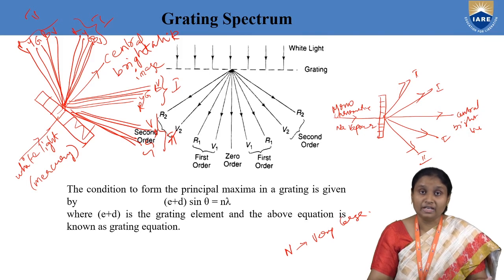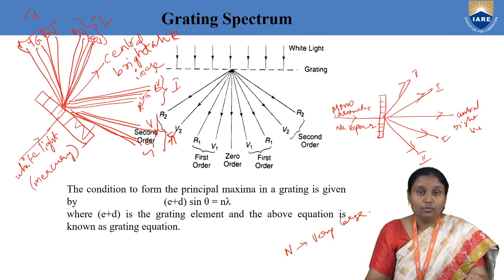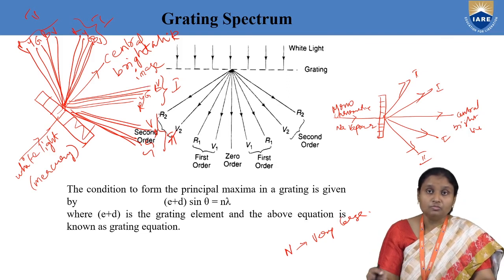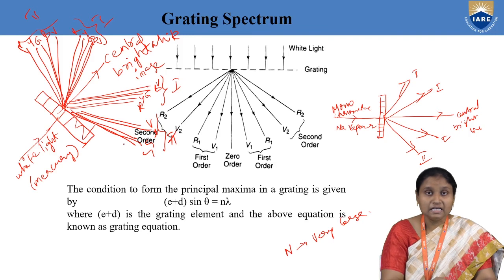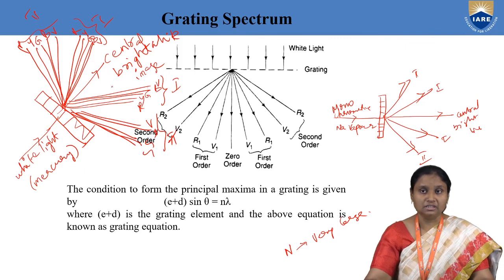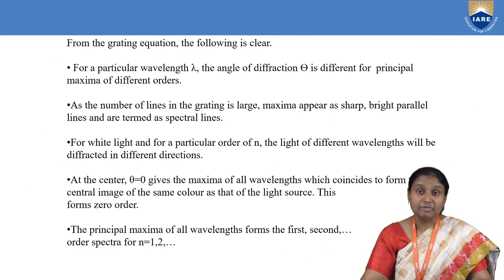Light gets diffracted and you will be able to see different colors. The violet color will be in the innermost position and red in the outermost position. These colors become fainter as the order increases, and maximum brightness is present at the center. This is called the grating spectrum.